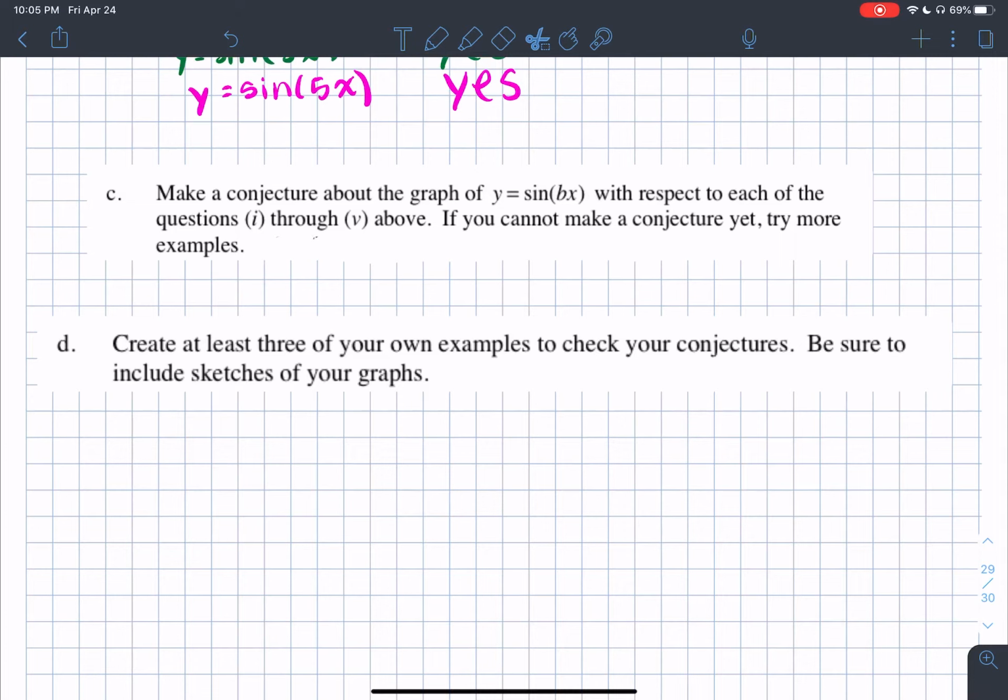It says to create a list, at least 3 of your own examples for y equals sine of bx to check these conjectures to see if they still work. Be sure to include sketches of your graphs.